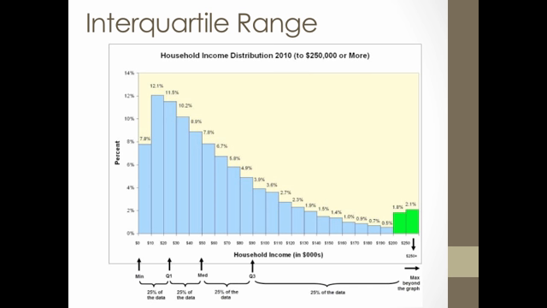So in this case, our interquartile range would be about $65,000. This tells us that the more stable part of the income scale, the interval between $25,000 and $90,000, which captures the middle 50% of our data, is a more representative range of household incomes in the United States. So it's not as influenced by extreme data values.